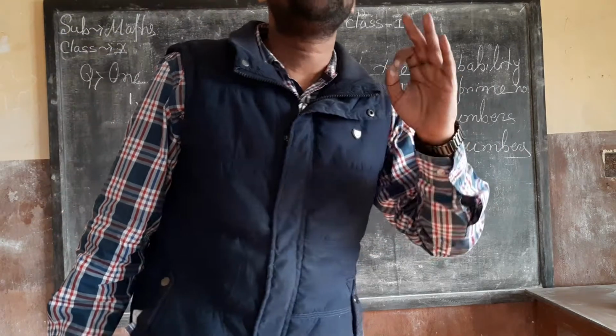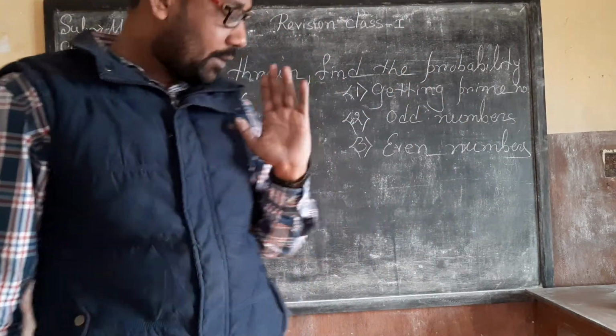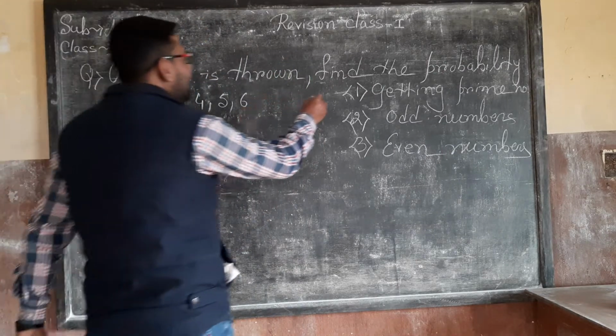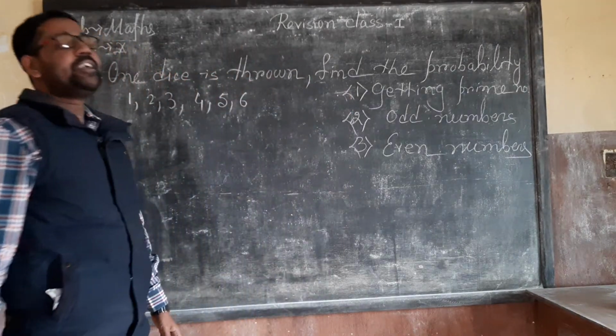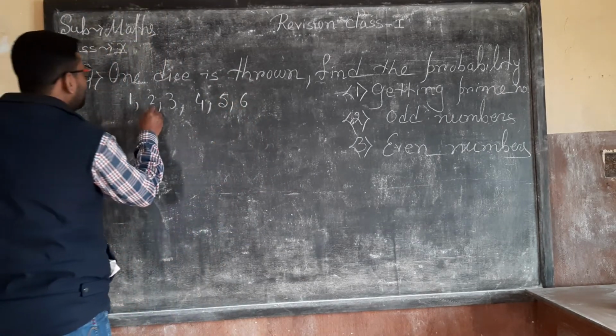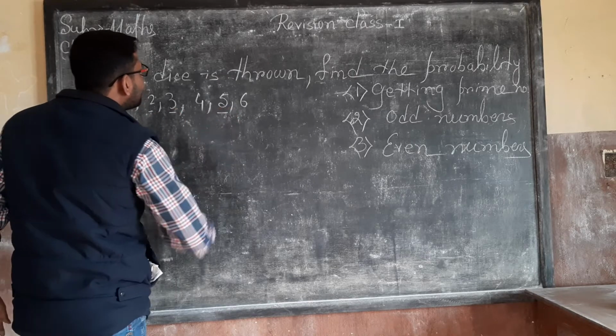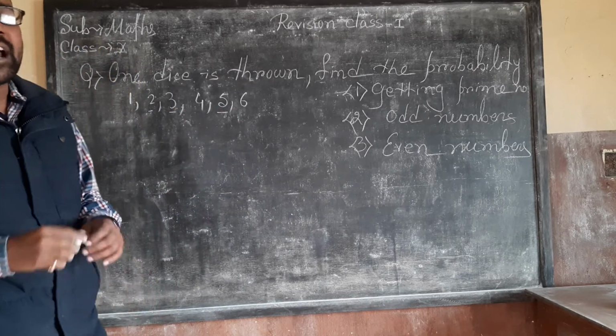That means when we throw a dice one time, consider the first event, getting a prime number. In between these 6, 2 is a prime number, 3 is a prime number and 5 is a prime number.